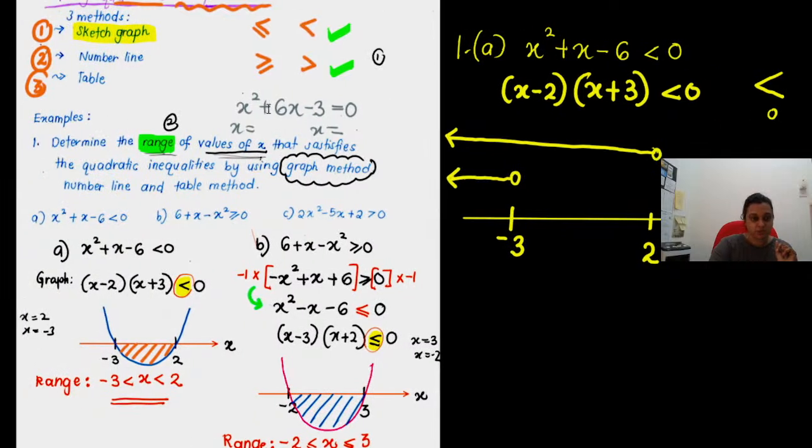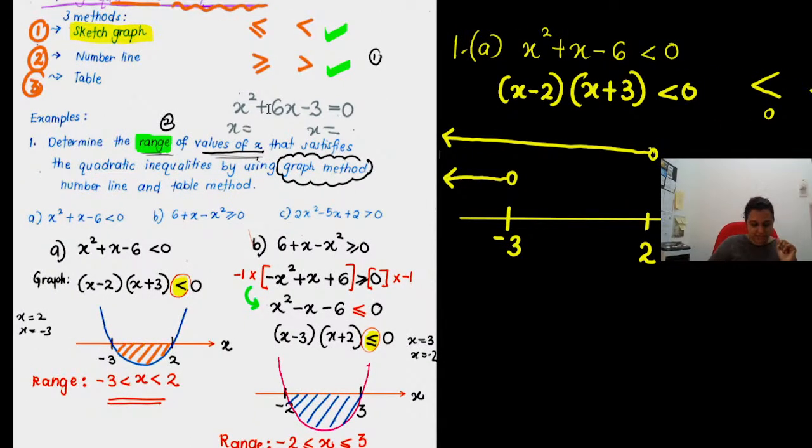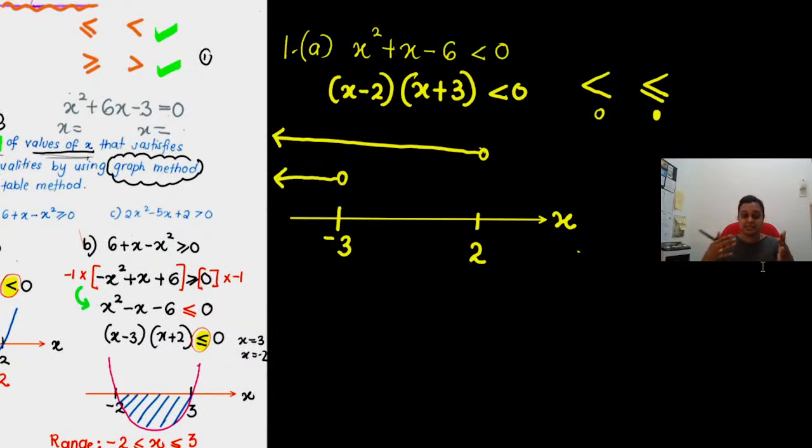X squared plus x minus 6. Okay, this is the correct question. I thought I was doing question B. Okay, all right. So from here, you draw the arrow going towards the left hand side, because smaller than 0, you have to go towards the left hand side.